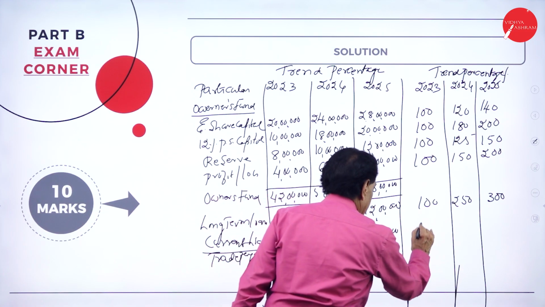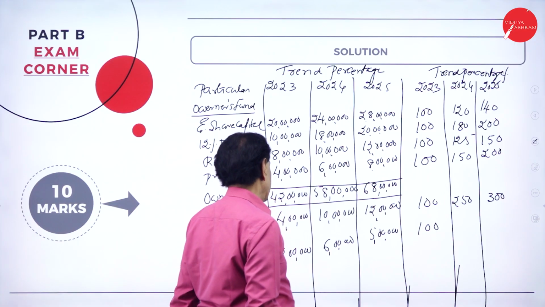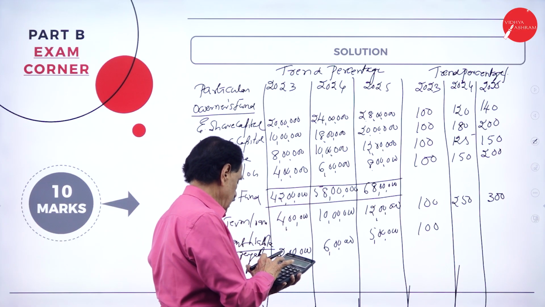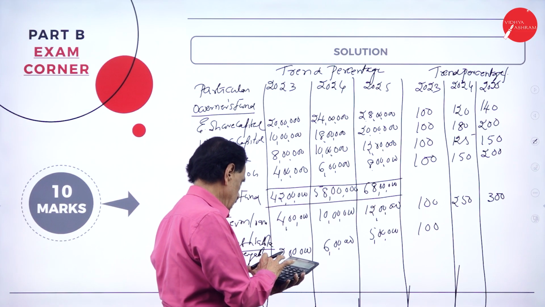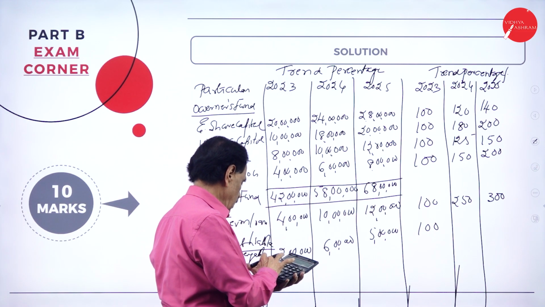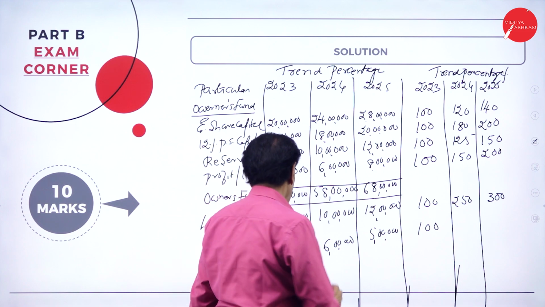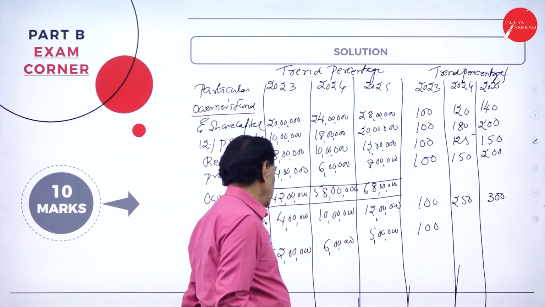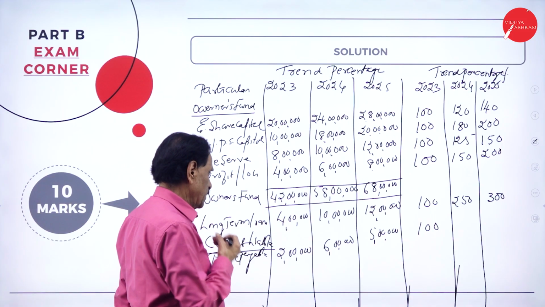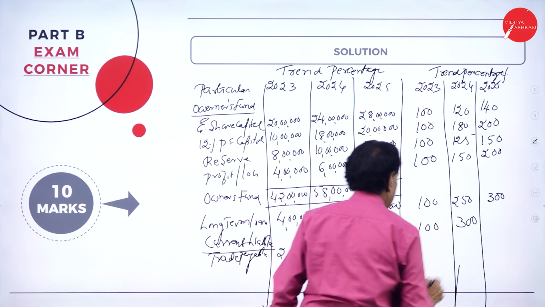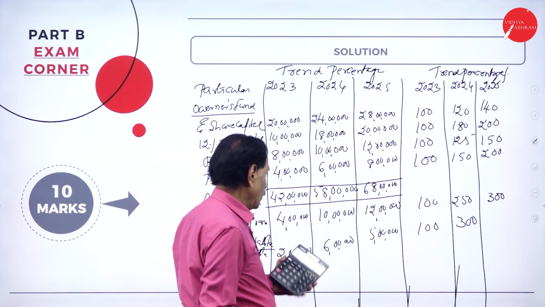This is 100. 6 lakh divided by 2 lakh into 100 is 300; 2 lakh is equal to 100, 6 lakh is equal to 300, and 5 lakh is 250.